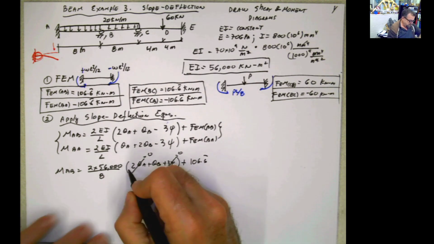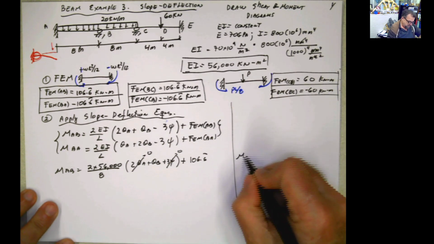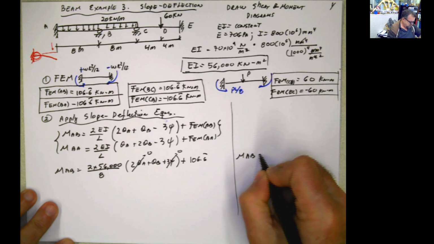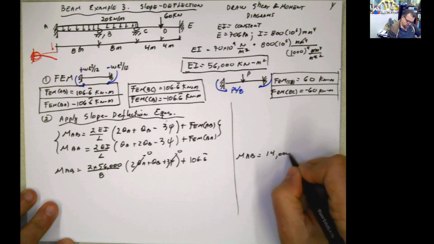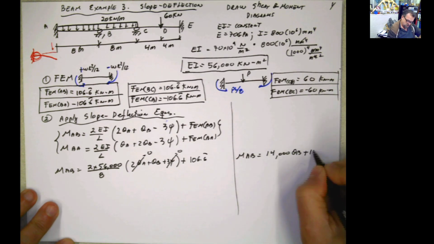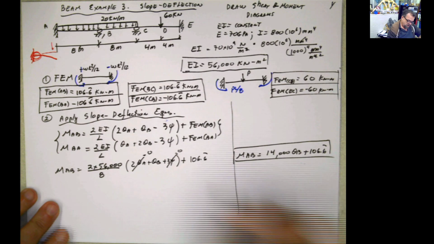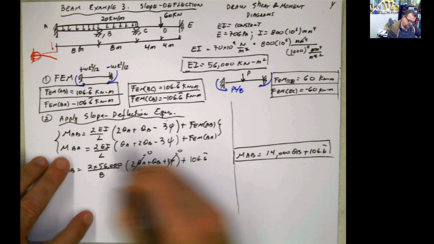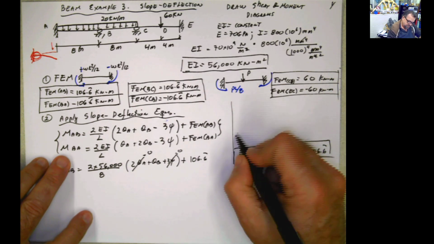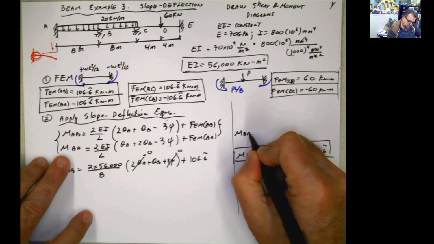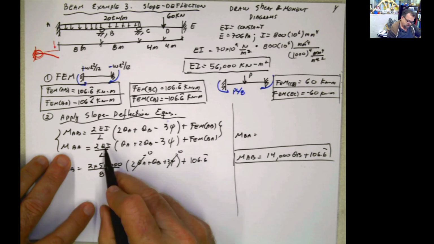Then this whole thing, MAB, becomes 14,000 rotation at B plus 106.6, MAB. Now if I want MBA, I apply this equation here. Now look what happened, and once you start getting practice of doing this, then you are a little bit faster, because look at this and look at that.